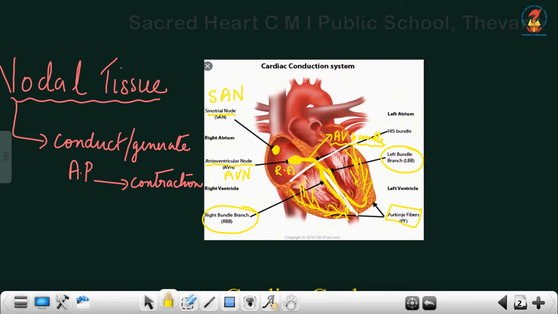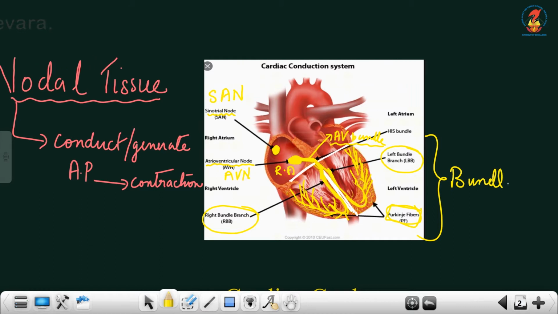These go down and redivide into finer branches, known as the Purkinje fibers. All these, starting from the AV bundle till the Purkinje fibers, constitute the bundle of His.